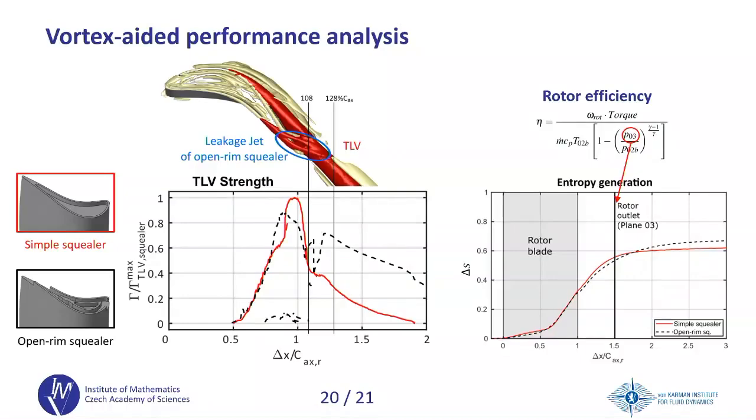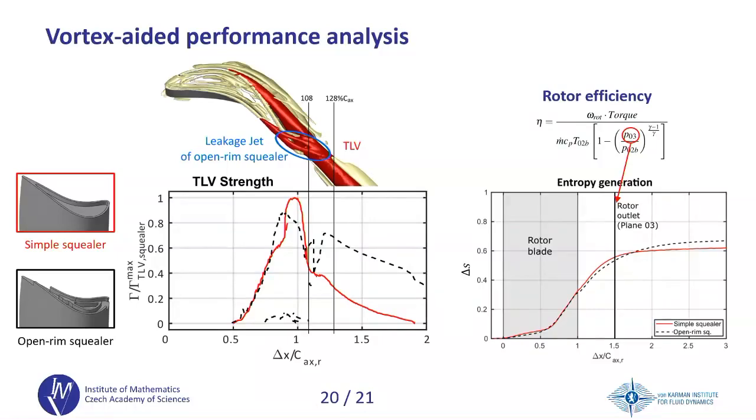So this explains the seeming contradiction, because at this plane, the entropy of the open design is lower than the entropy of the simple skew, even though in the mixed out state, eventually the open rim skew has higher entropy. If we evaluated efficiency between this plane and the mixed out state, we would get a different result. You would get the result that the open rim design is less efficient.